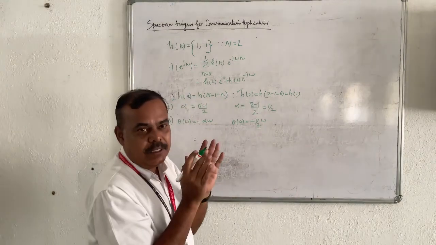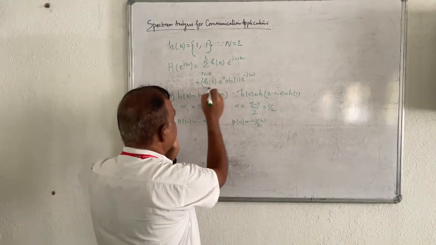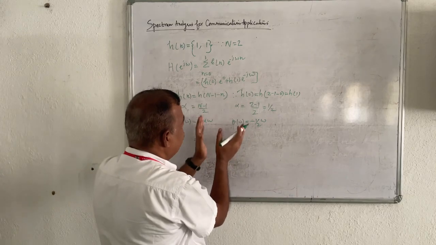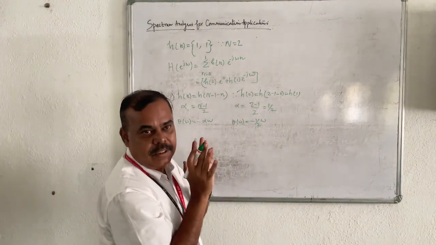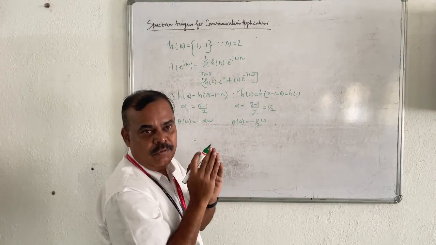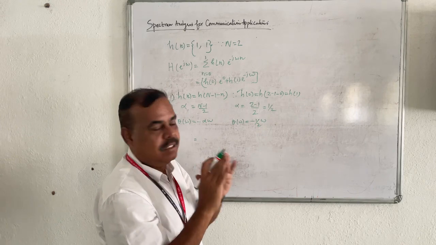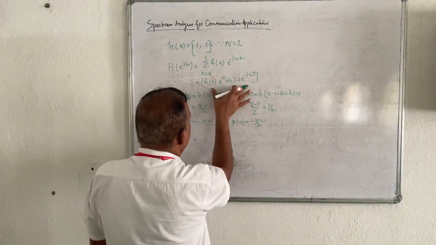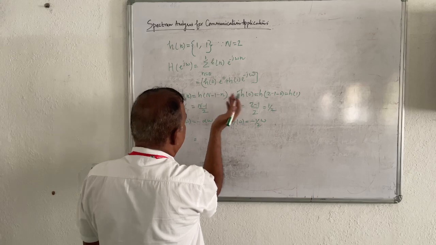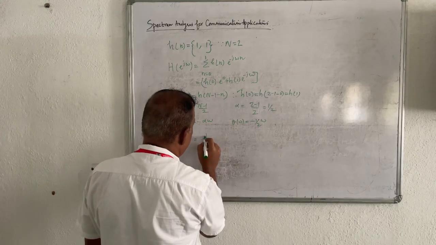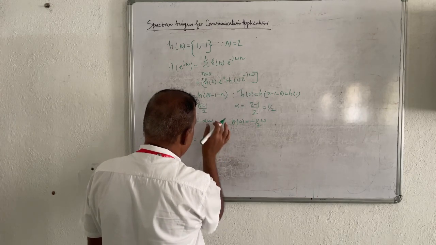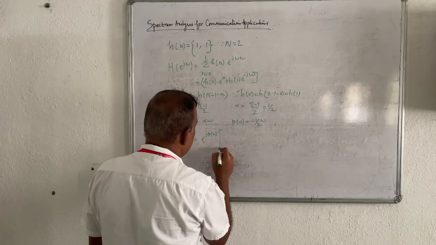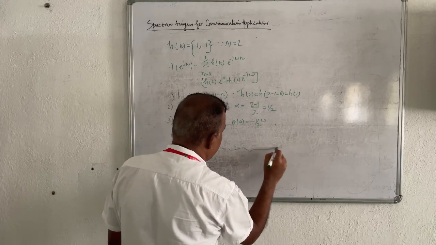How to split this? This is a speech signal. This is my speech signal. I have to apply this condition to this speech so that I can differentiate the magnitude and phase. Assume that I take the phase separately, e power j theta of omega. The remaining will be the magnitude spectrum.